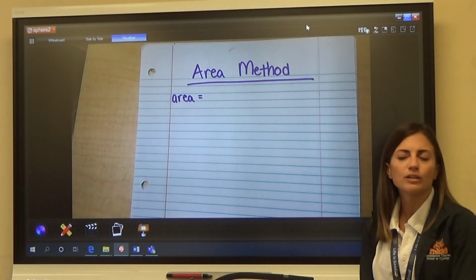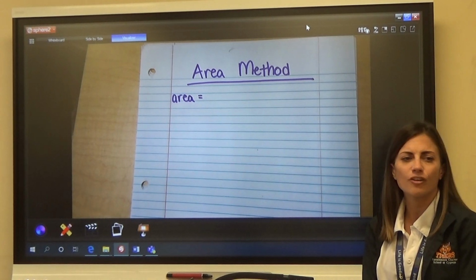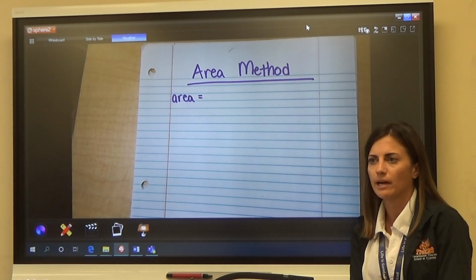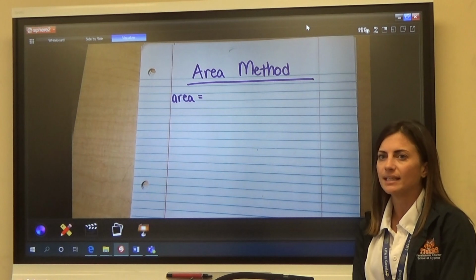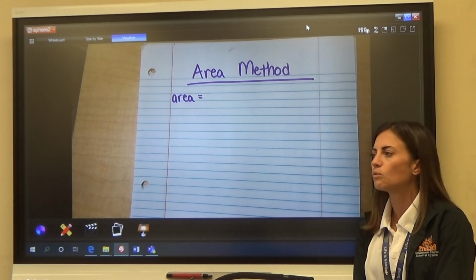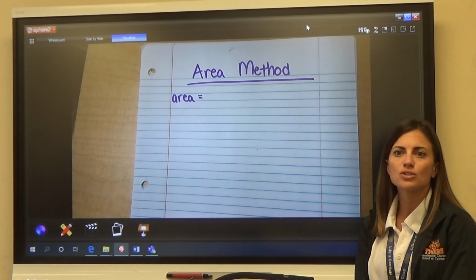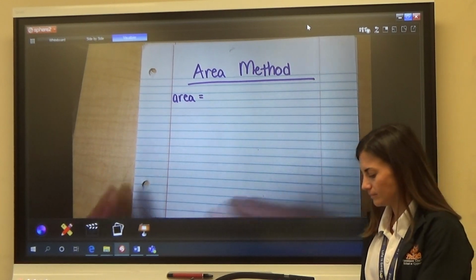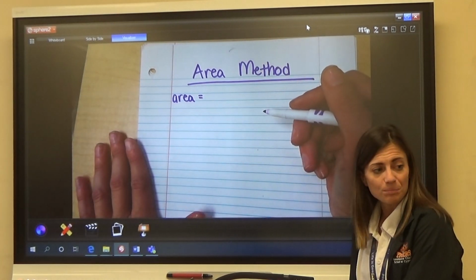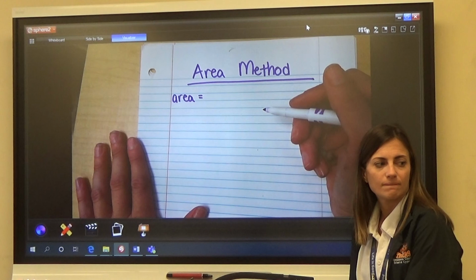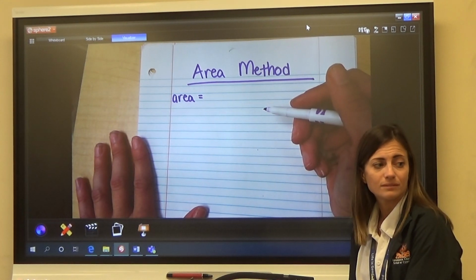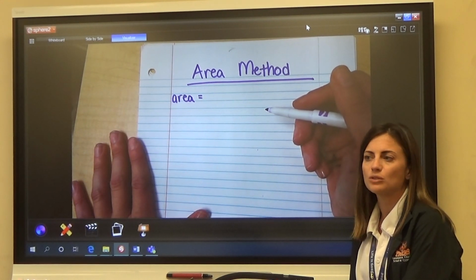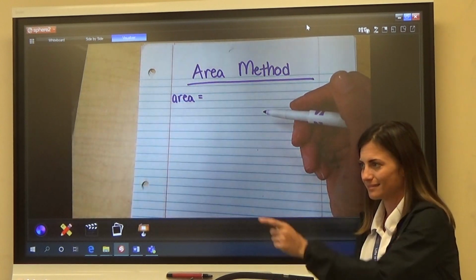What is your equation to find the area of a rectangular square? Does anyone remember that equation for the area of a rectangle or a square? Yes. I multiply. What do I multiply? Close. Who can use the math vocab for me?